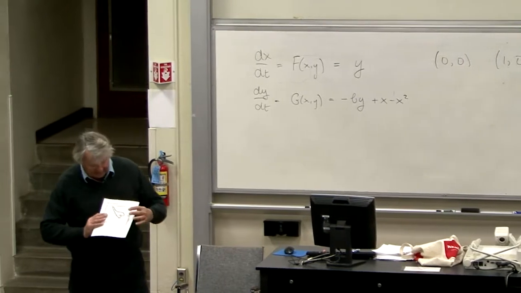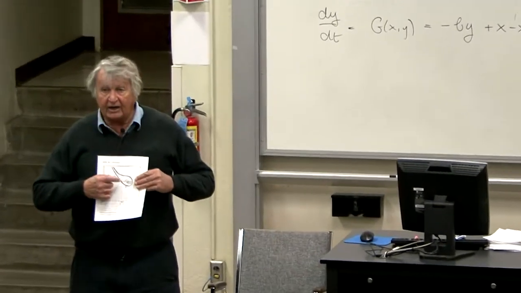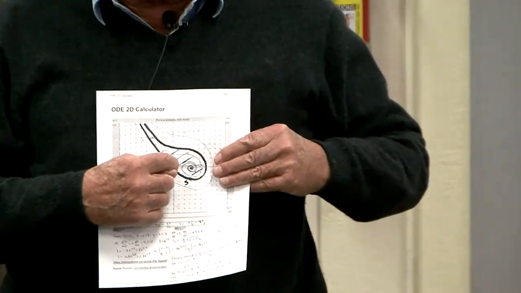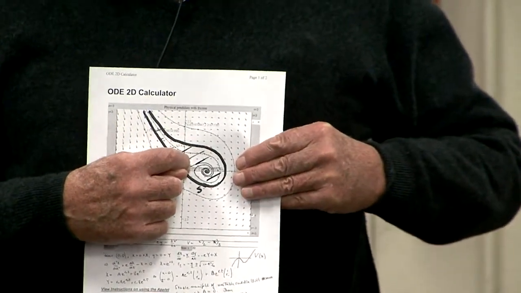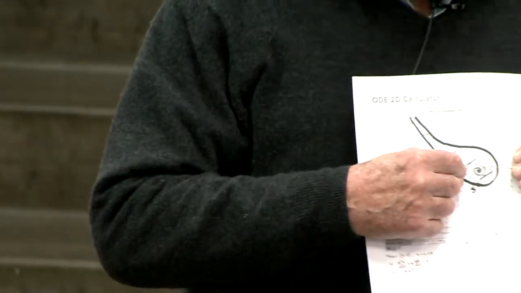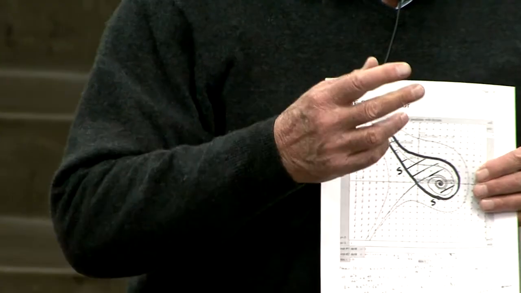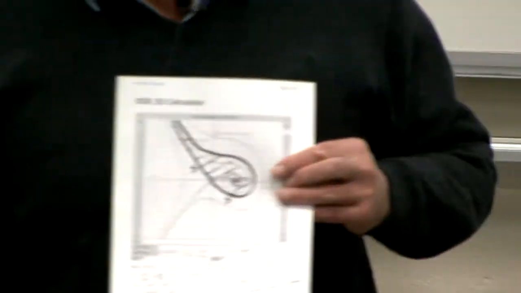What I did here was I knew the unstable manifold was roughly in this direction. I clicked the mouse just here, and I ran the program from t equals minus 30 to plus 30.